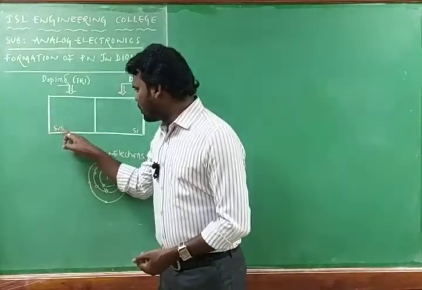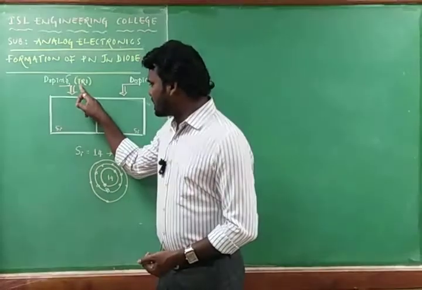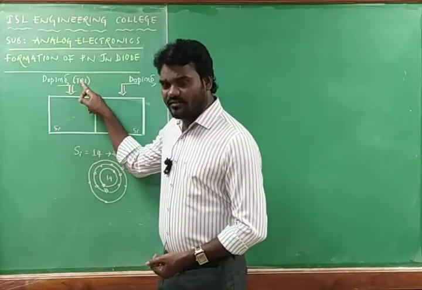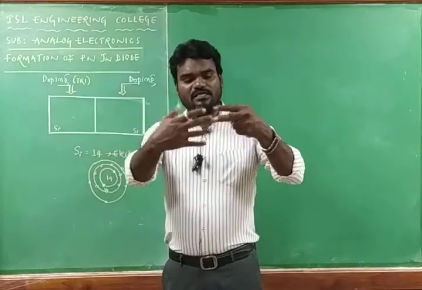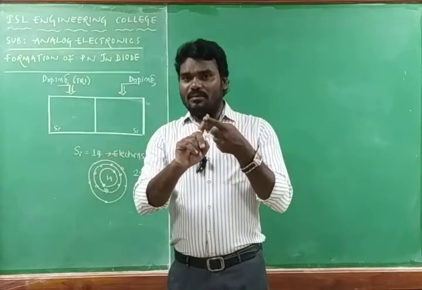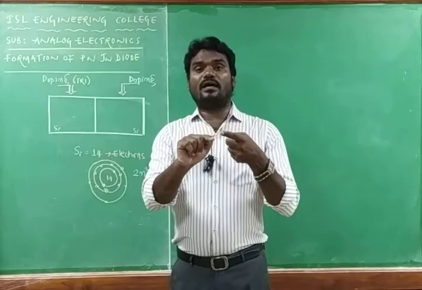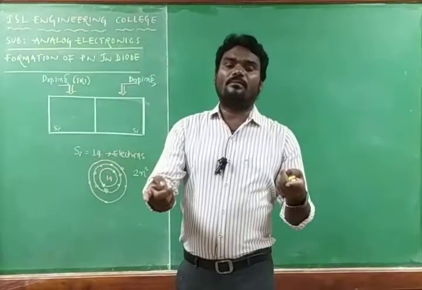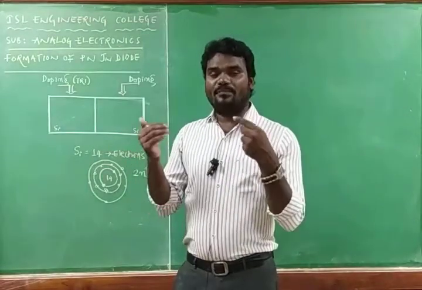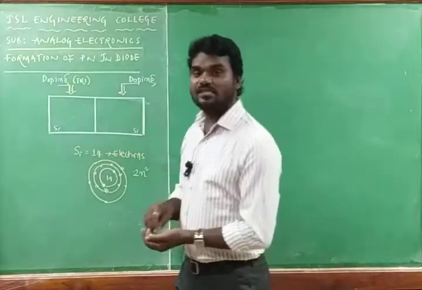Silicon has 4 valence electrons. The trivalent element gives only 3 valence electrons, and 4 to 3 makes the covalent bond. One electron will be empty. It requires this to form the covalent bond, and only then will it be stable, so it makes the covalent bond with the absence of an electron, which is named a hole.